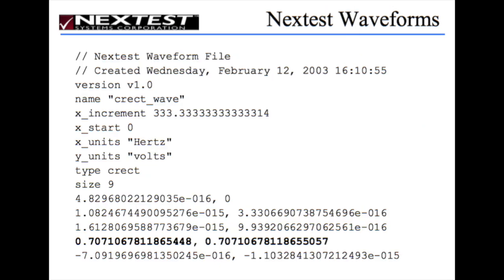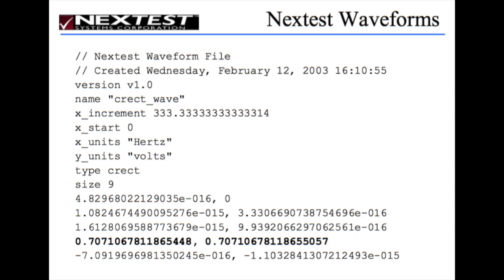So here is a waveform file. It's a C-rect wave, that's what it's called. The X increment is 333.3333 hertz. X start is 0, X units is hertz, Y units is volts, type C-rect, size is 9. Why 9? Well, because it's probably an FFT on 16 samples.